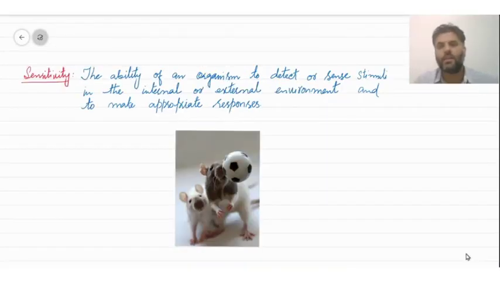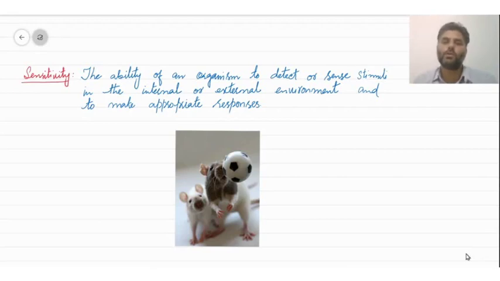Sensitivity: the ability of an organism to detect or sense stimuli in the internal or external environment and to make appropriate responses. It is an ability of the body by which it is connected to its external environment through different sense organs, like our nose. In the picture, there is a rat. The rat has whiskers.